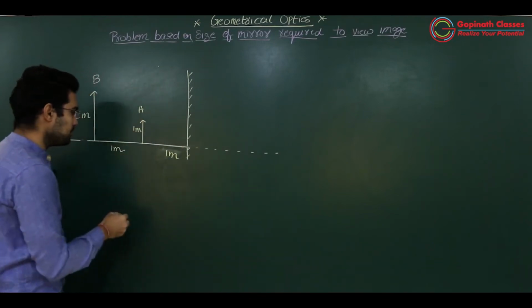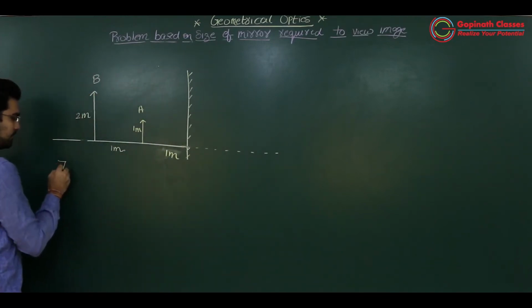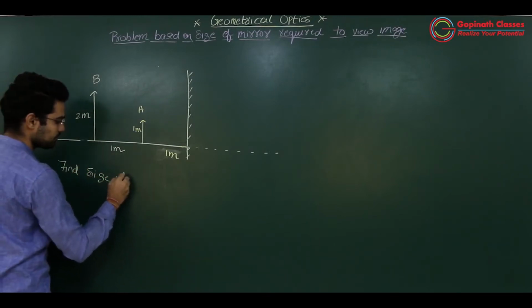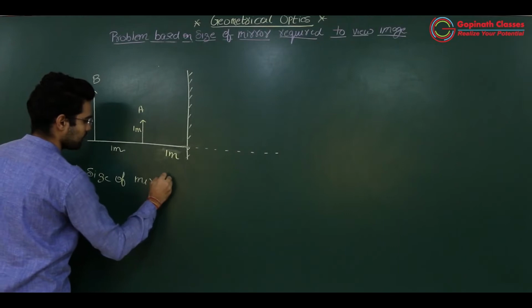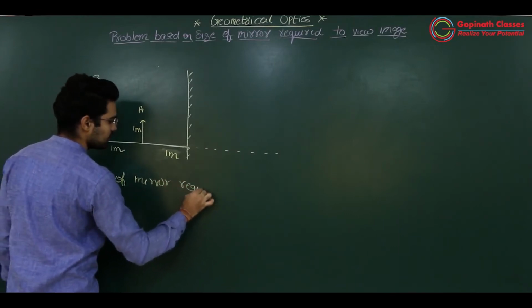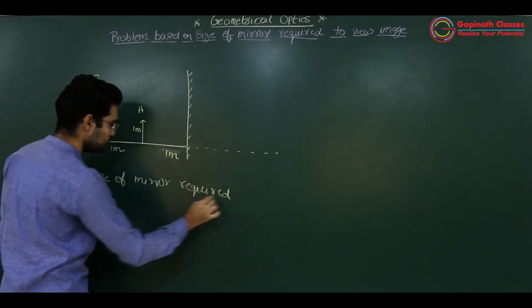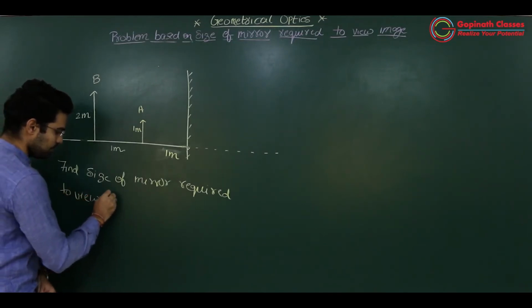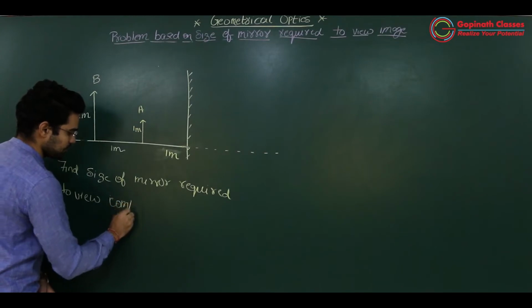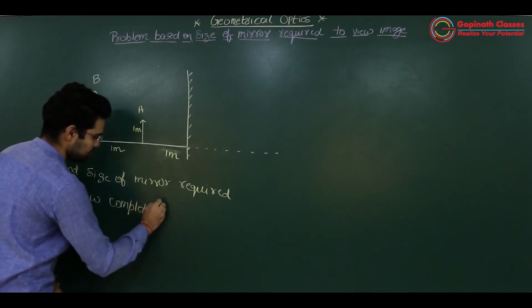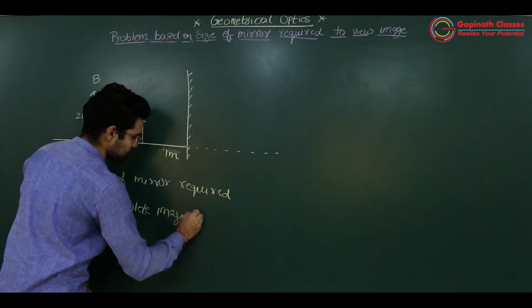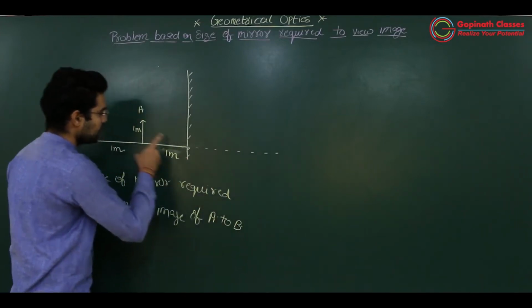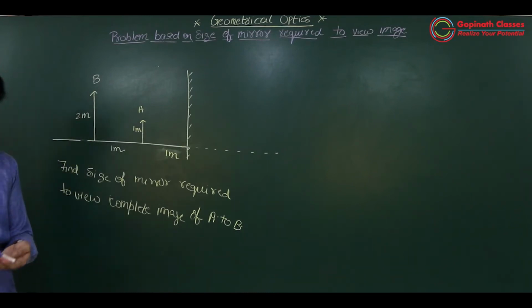Now we have to find the size of the mirror required to view the complete image of A to B. The image of A should be completely visible to B.